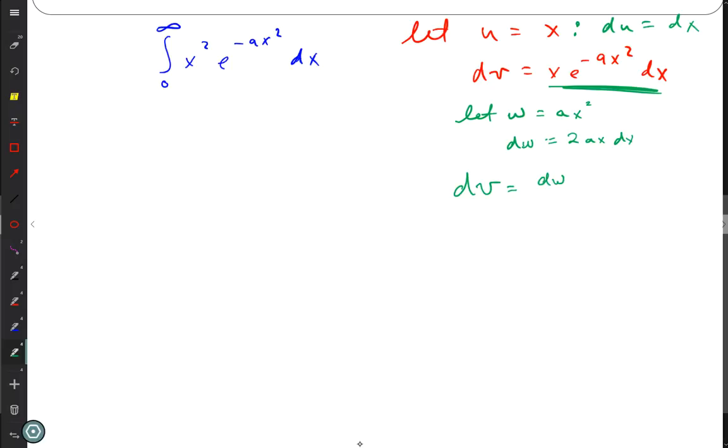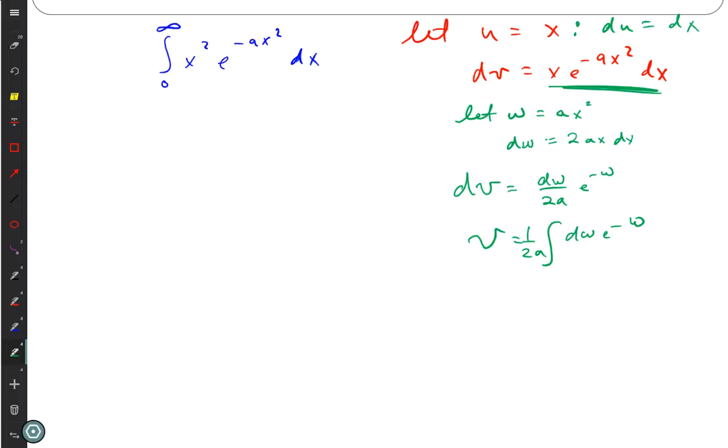So dw over 2a e to the minus w. That's something that I could integrate. I can integrate this to have v is equal to the integral, well, if you do that integral, you just have to change the sign, basically.